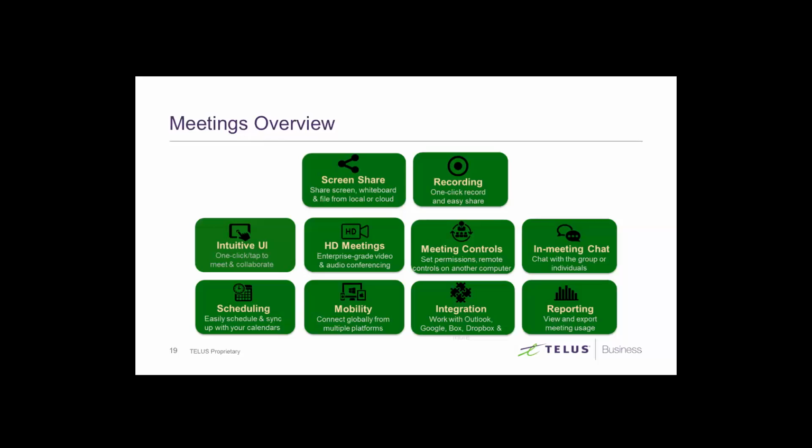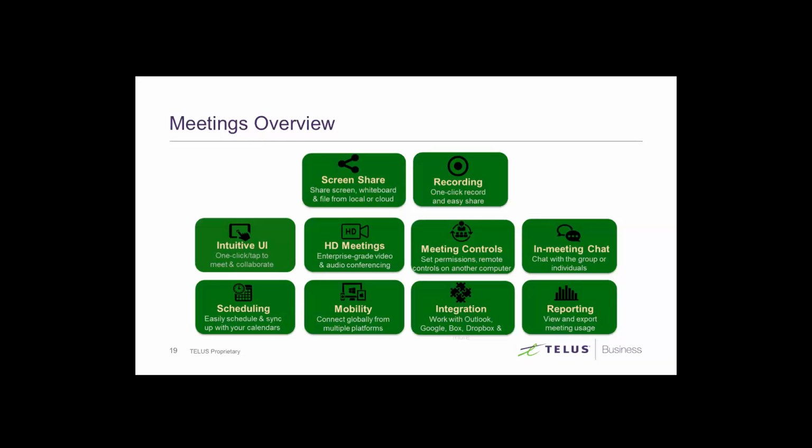The mobility integration pieces that we've talked about being able to view and access meetings or even host meetings from a mobility perspective. Your integration capabilities, so things such as Outlook, Dropbox, Google Drive, in the sense of actually having the ability to schedule meetings within your commonly used applications, or in the event of storage requirements, being able to, for example, store recordings that automatically integrates with your Google Drive, so that you're not necessarily taking up bandwidth either on the Business Connect system, or if there's a certain number of recordings that you want to store for longer than 90 days, this is where the integrations comes into place.